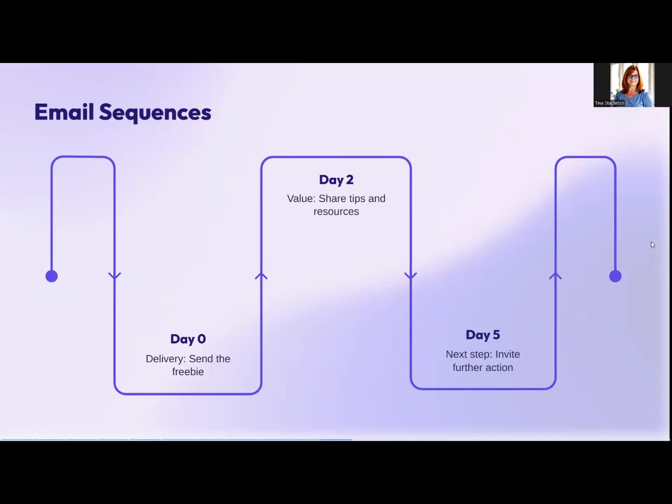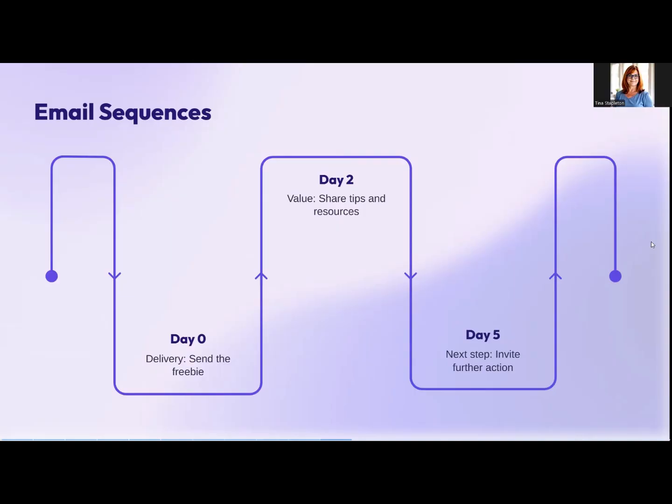So in this case, the exact day zero, like they clicked, they want to download it, they gave you their email, and then what should happen automatically is they get sent the freebie or a link to the freebie, depending on how it's set up. So they would have a link to this PDF file. And from there, on day two, you're going to want to share more tips and resources.